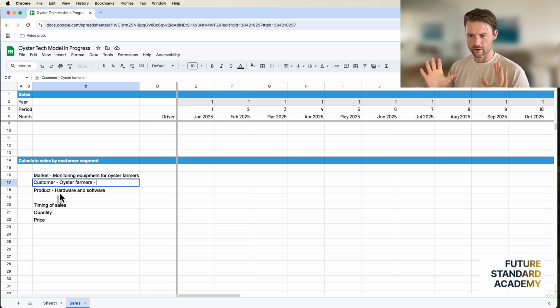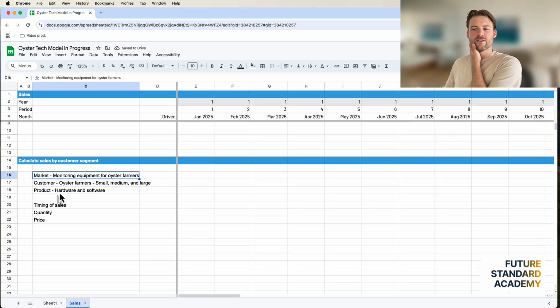For Oyster Tech, there are small farmers, medium-sized farmers, which is probably like a larger family business, and then the enterprise, corporate Canada and America oyster farmers who buy up all the land and have a ton of different oyster farms. So I always do small, medium, and large. Even though we have one market, now we've got 3 different customer archetypes, and they're all going to need their own sales model.